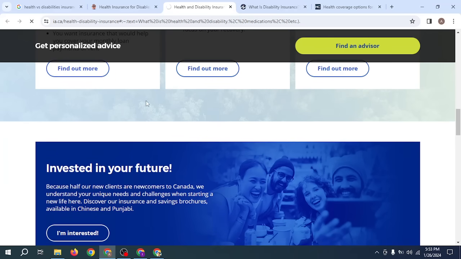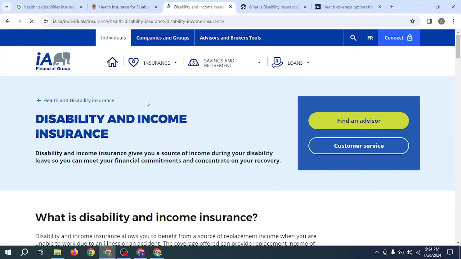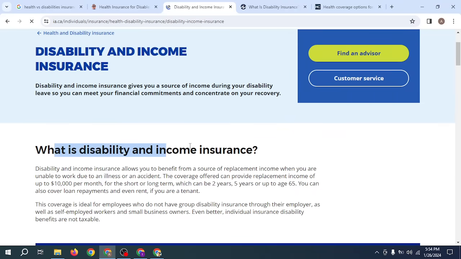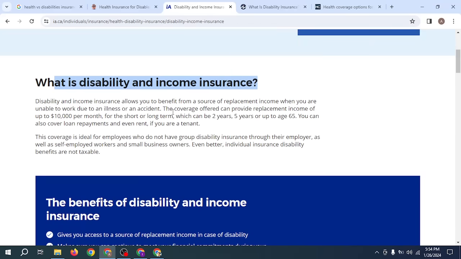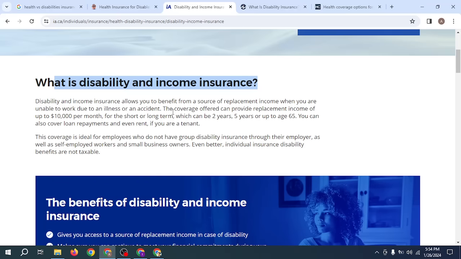Next, let's move into the detail of how disability income insurance works. Disability and income insurance allows you to benefit from a source of replacement income when you are unable to work due to illness or an accident.